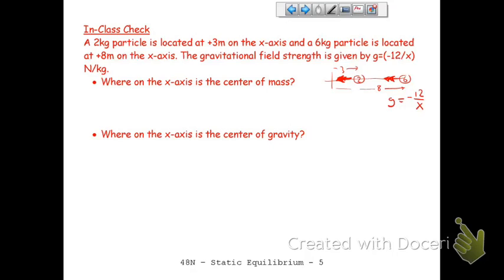Let's have a look. X centre of gravity is equal to, and I'm going to try my new way of writing it down, the weight of each one times the position of each one over the sum of the weight of each one.